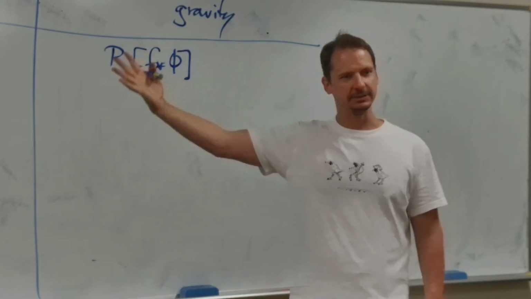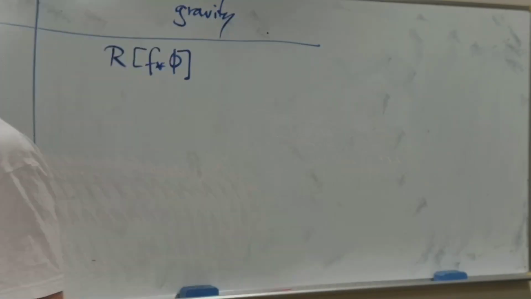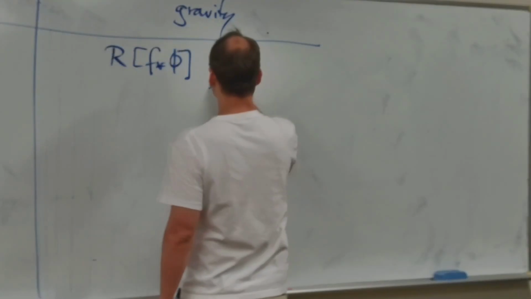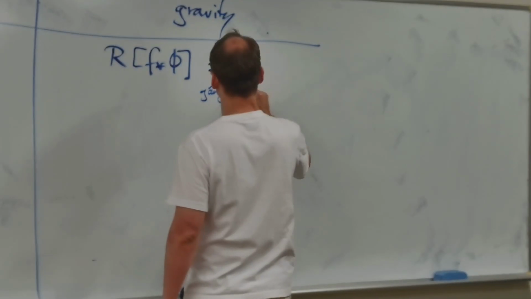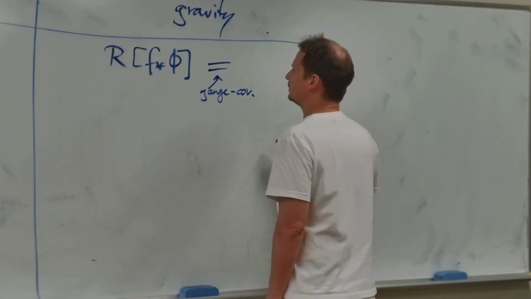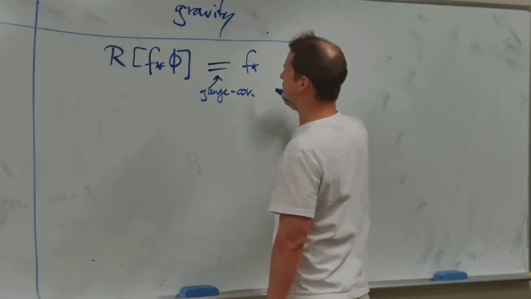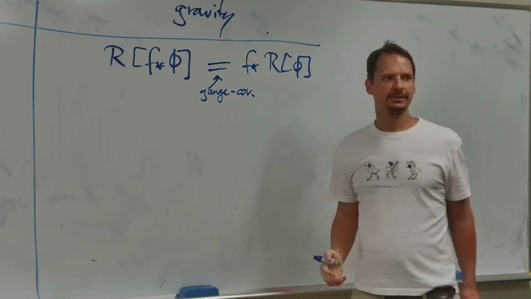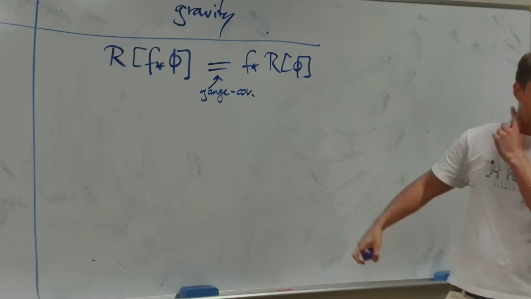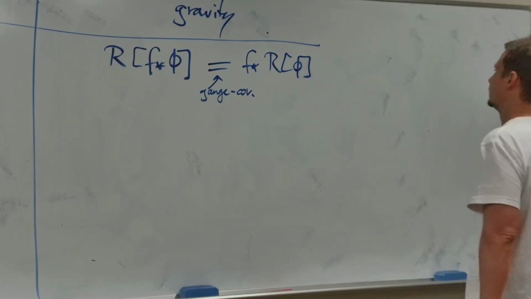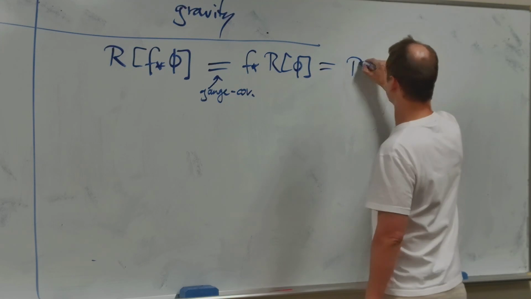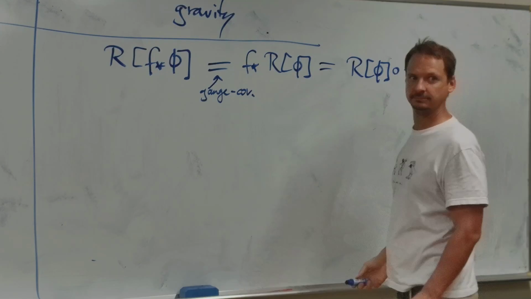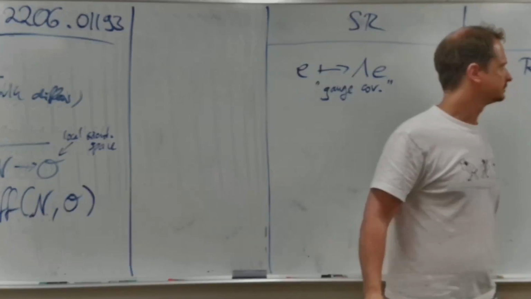That's how the gauge transformations act by push forward. And I want that this is gauge covariant, meaning that I get this is F star R of phi. So I just push forward the frame, the untransformed frame. And furthermore, we want that this guy transforms like scalars.